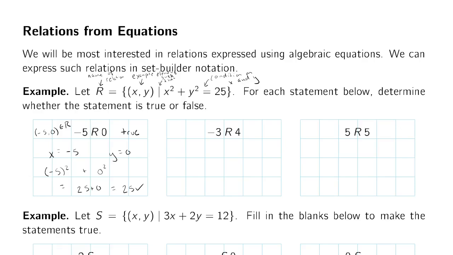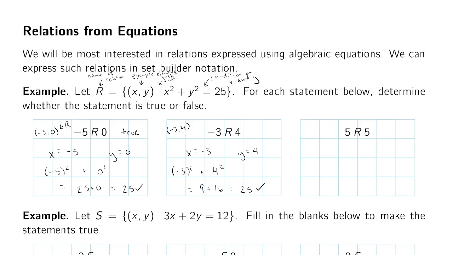If we're asking, is -3 related to 4? We're asking about the pair -3, 4. That's X is -3, Y is 4. So we'll say -3 squared plus 4 squared. That's 9 plus 16, which really is 25.